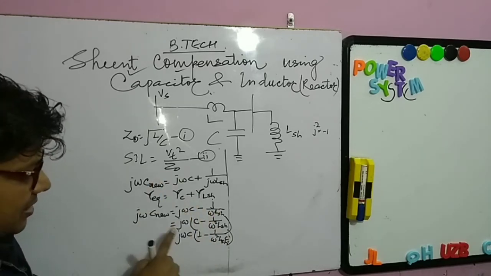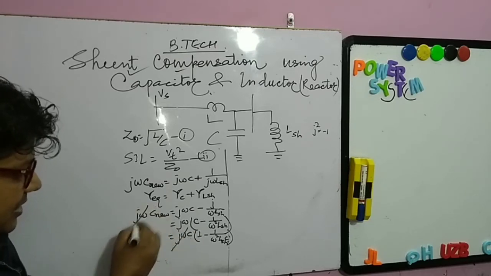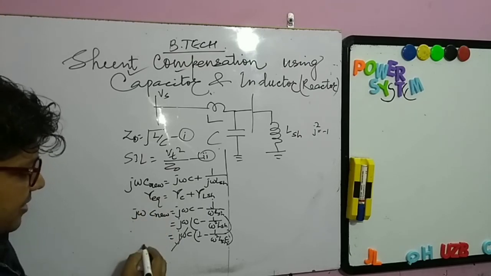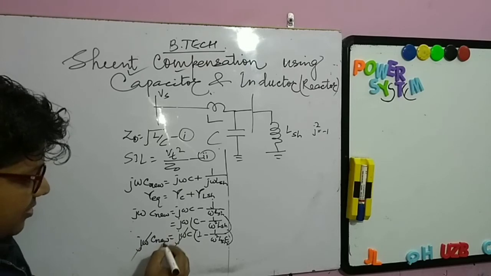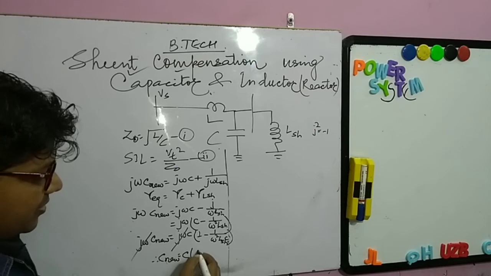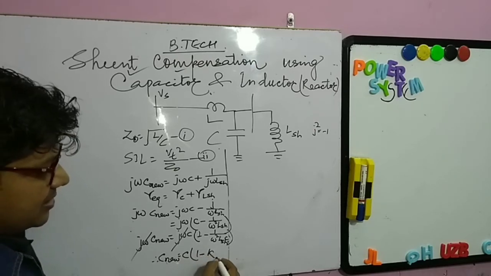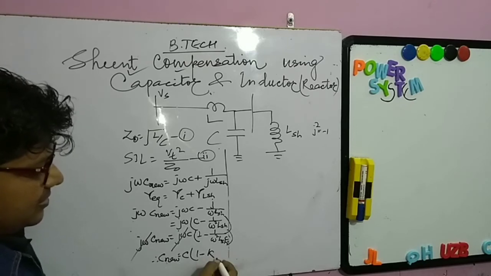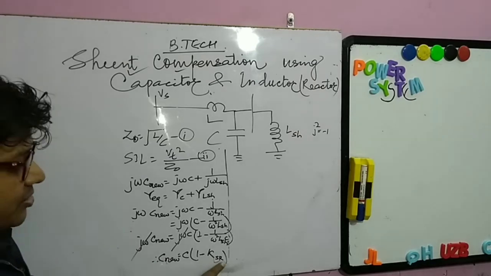So this is the new capacitance. C new will be equal to C into 1 minus K, where K_SR means shunt reactor.